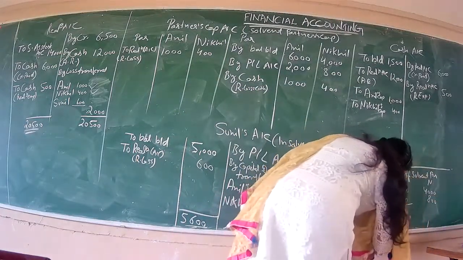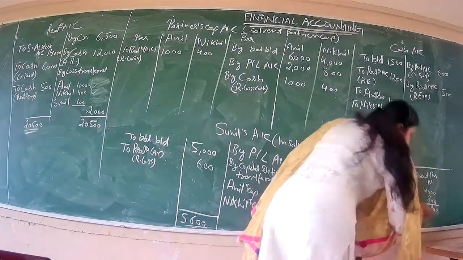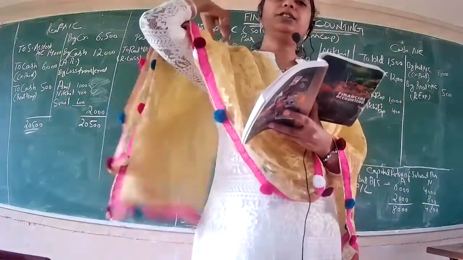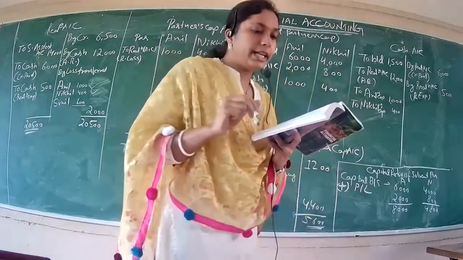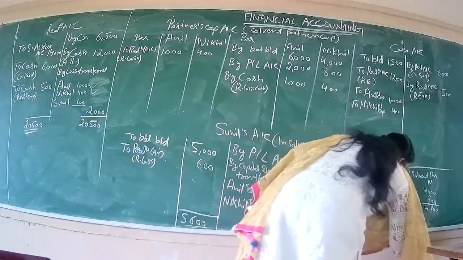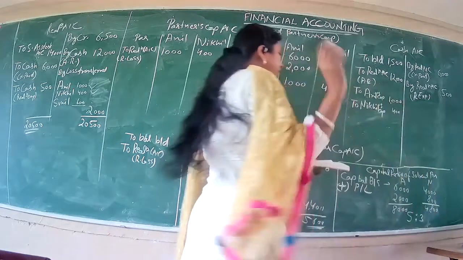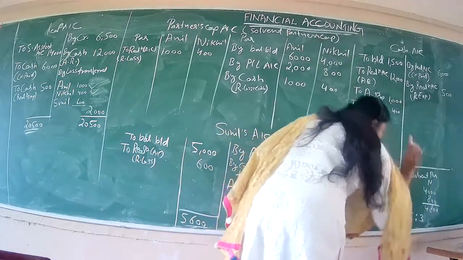So we get 8,000 and 4,800 as their final capital just before the dissolution. If you calculate the ratio among these two, you will get the ratio of 5:3. So this is your capital ratio.